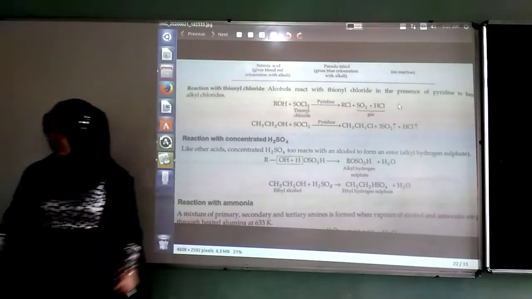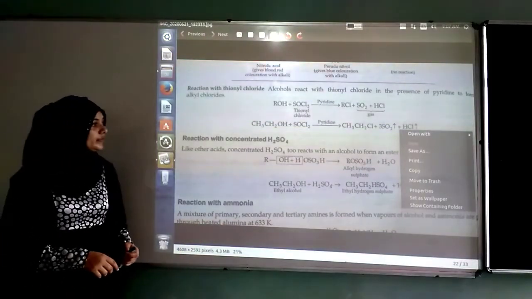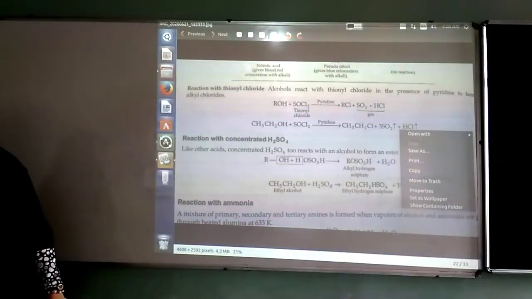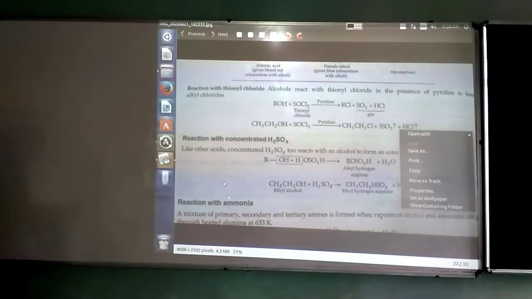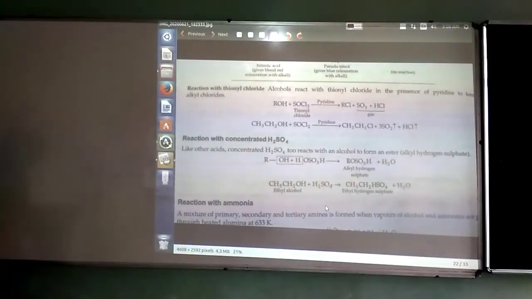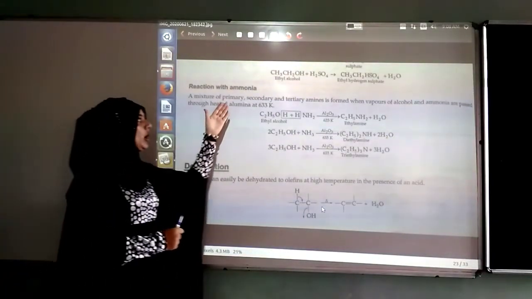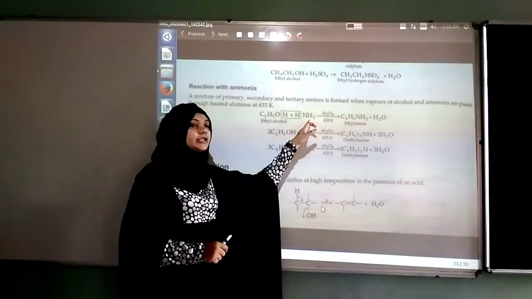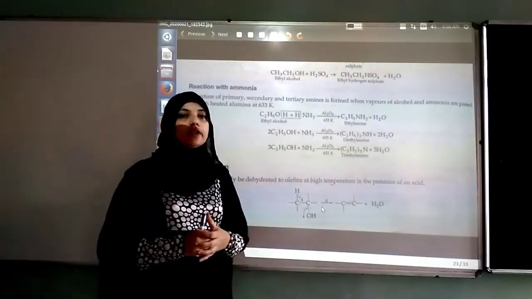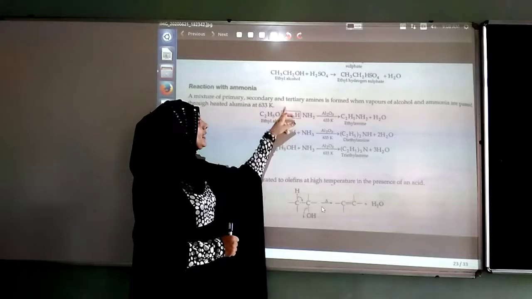Next, reaction with ammonia. In the case of ammonia, we see NH3. Out of 3 hydrogens, 1 hydrogen is going to be taken out.